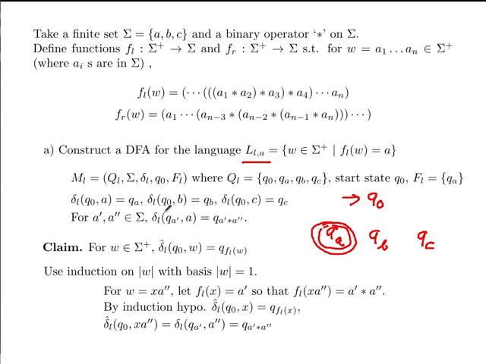So the first thing I do is from the start state I make transitions on A, B, C. So if I see an A, I make a transition here. Similarly, if I see a B, I make a transition here. If I see a C, I make a transition here. Okay.